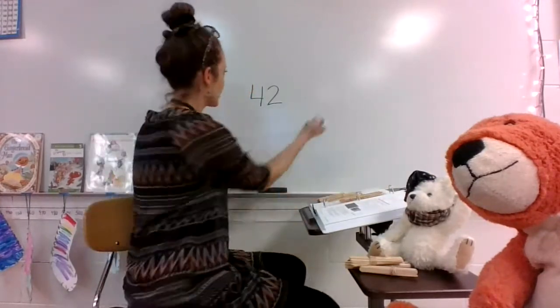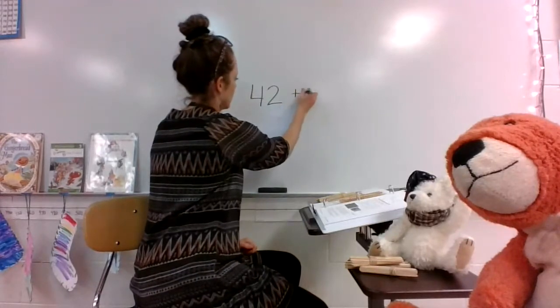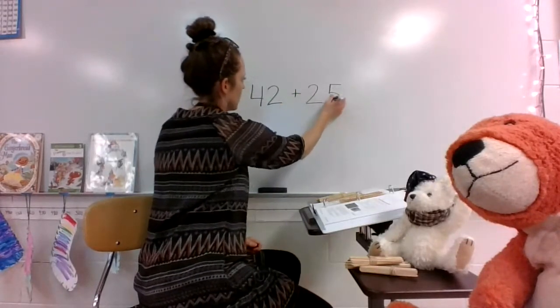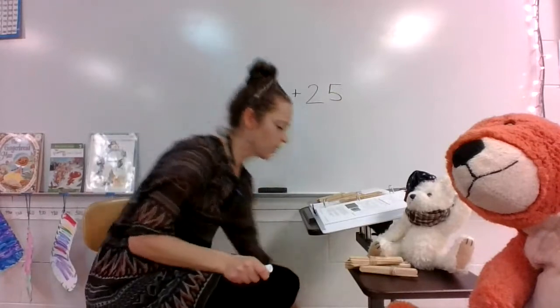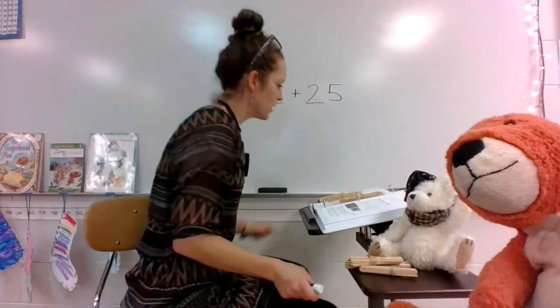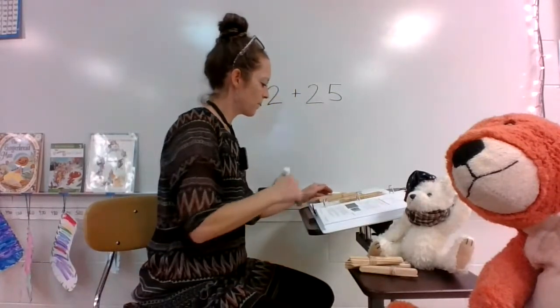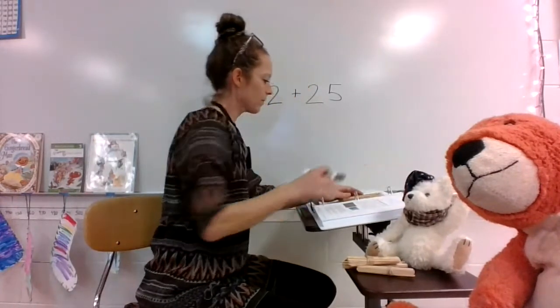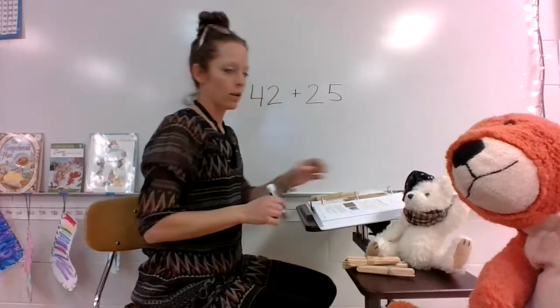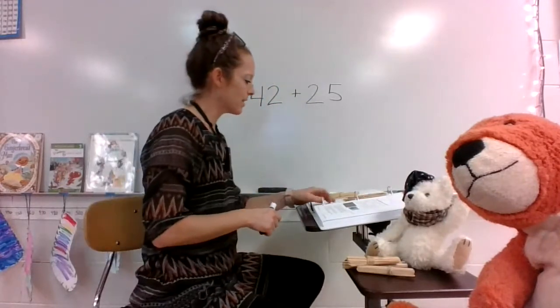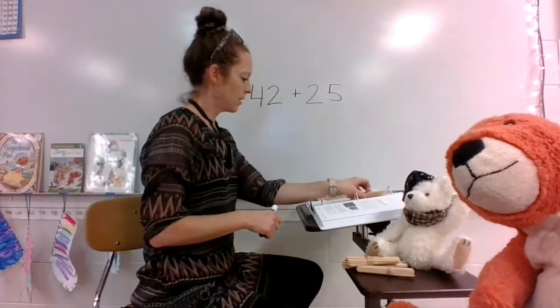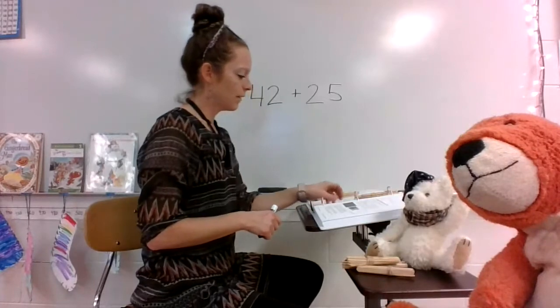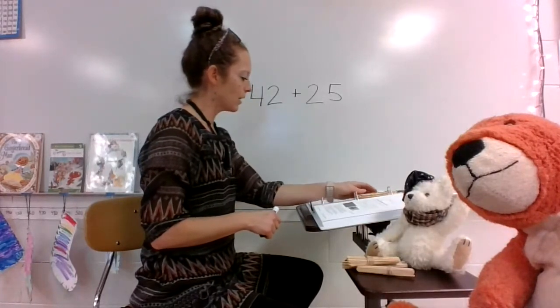We're going to be adding 2-digit numbers. We started with 42, and we're going to add 25. You can go ahead and do this at home too, please. See if you can figure out the answer on your own.